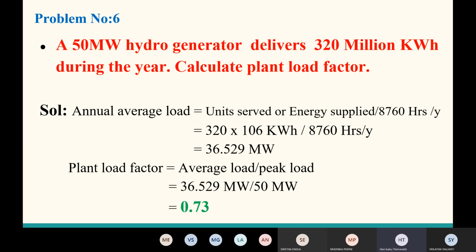A 50 megawatt hydro generator delivers 320 million kilowatt hour during the year.